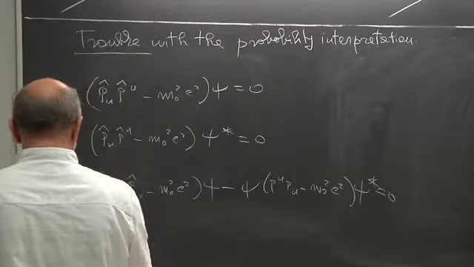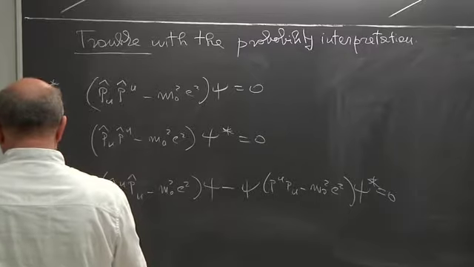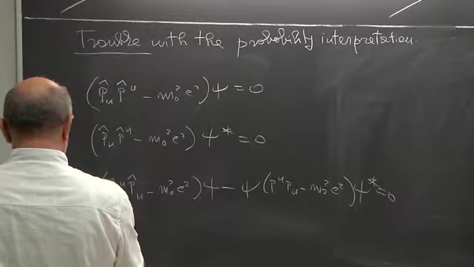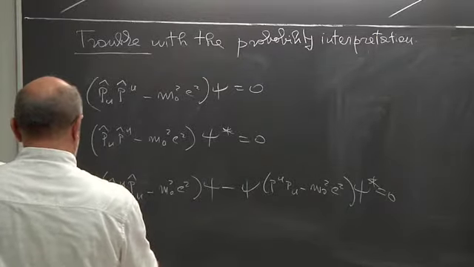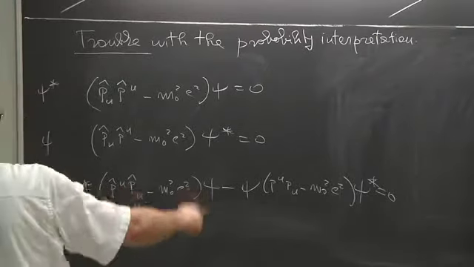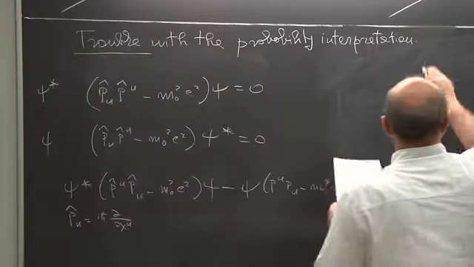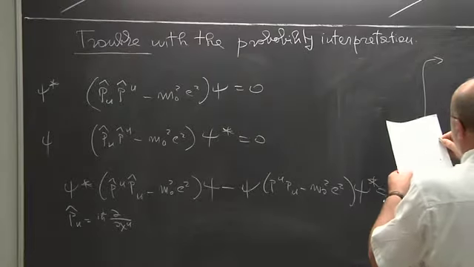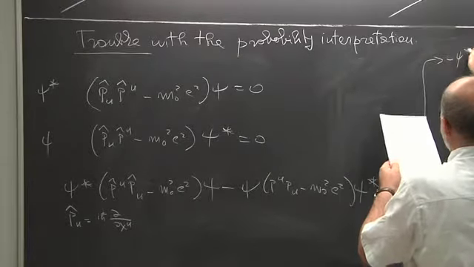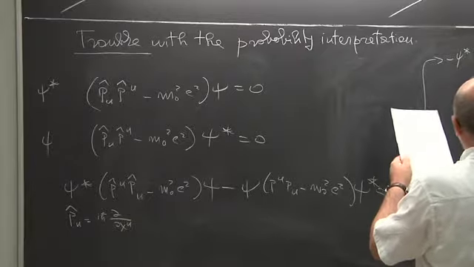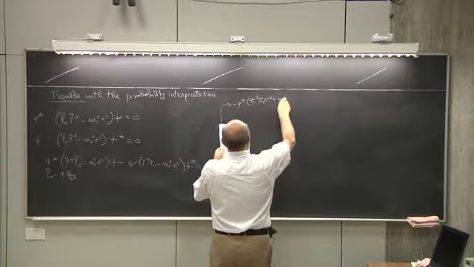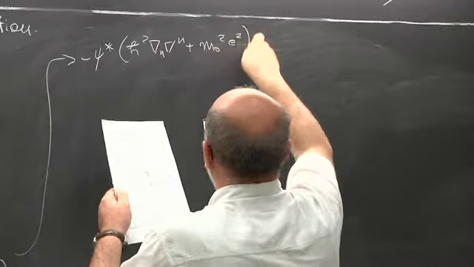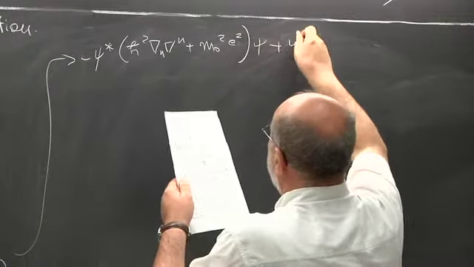So now if you replace p mu with the operator i h d over dx mu, then this equation leads to the following equation: minus psi star h square d mu plus m c square psi plus psi.